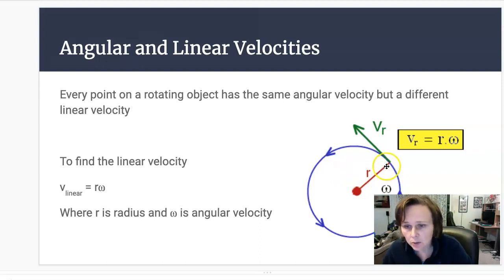So it makes sense. In order to cover it in the same amount of time, because angular velocity is the same for all the points on this line, it has to have a greater linear velocity. So the relationship between linear and angular is the radius multiplied by omega.